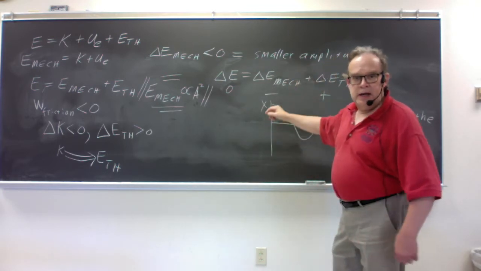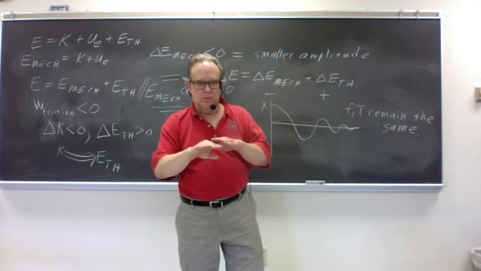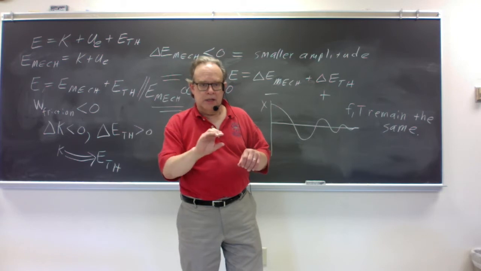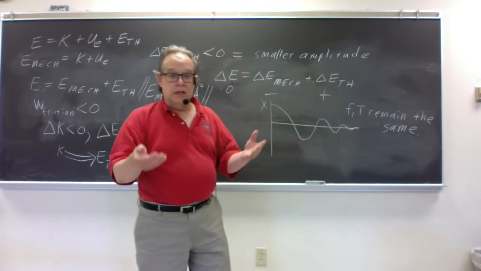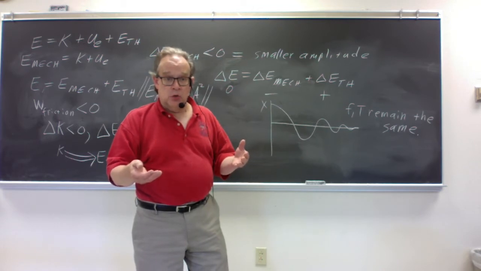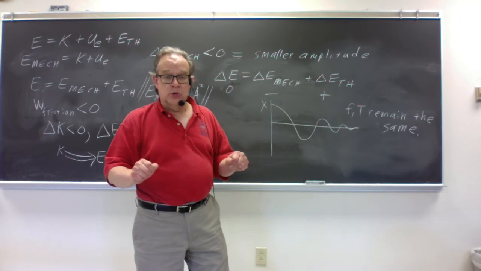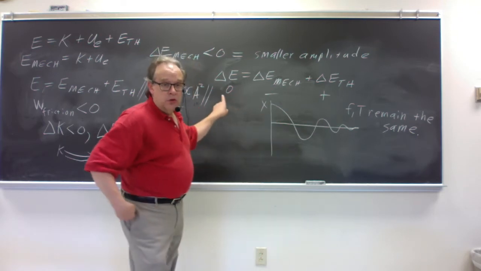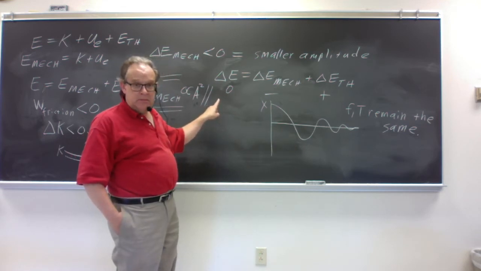Another way of looking at that is to just imagine that our system of surface, oscillating mass, and spring is an isolated system. So there is no work done by external forces, so there's no energy coming into the system or leaving the system. The total energy of the system stays constant.